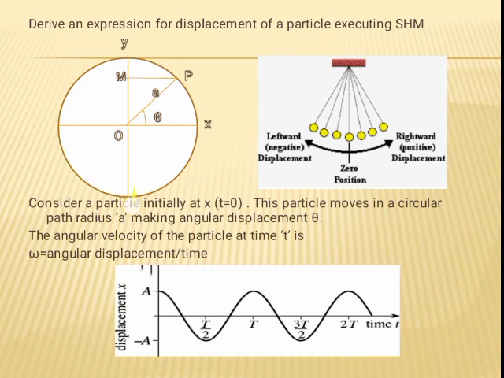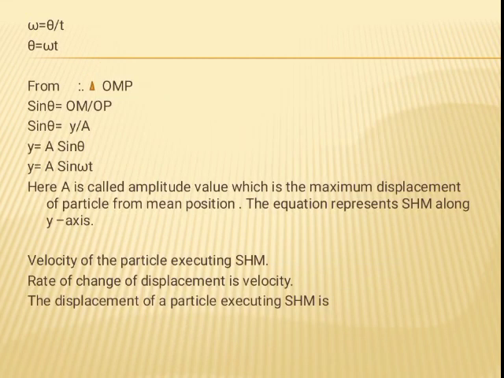If I consider the negative side, this is the negative displacement happening, and this point would be the maximum displacement. That is what is called amplitude, which is the maximum displacement of the particle from the mean position. This equation represents simple harmonic motion along the y axis. This is the equation for the displacement of a particle executing simple harmonic motion along the y axis.